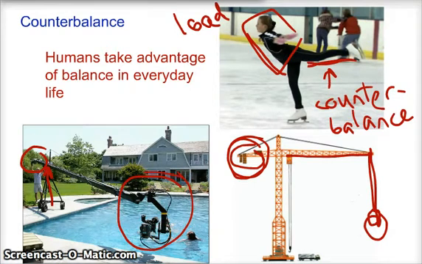So here the camera would be the load, and the weights on the back would be referred to as the counterbalance. Just another example of how humans have used counterweights to make life a little bit easier.